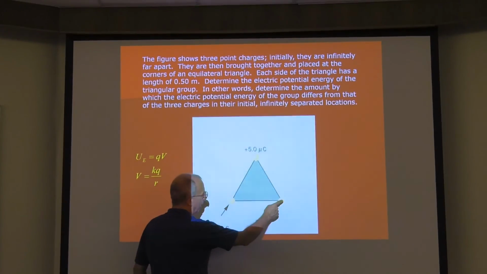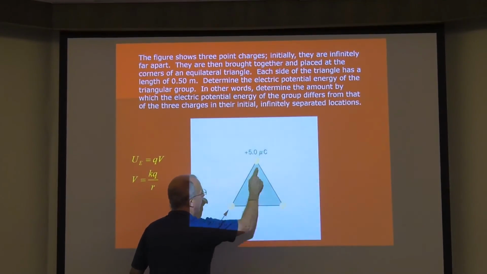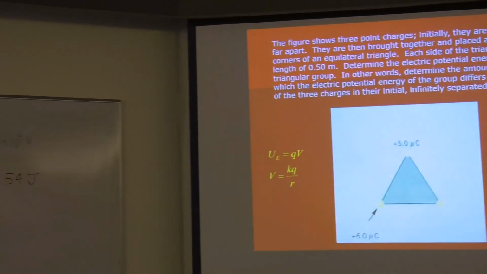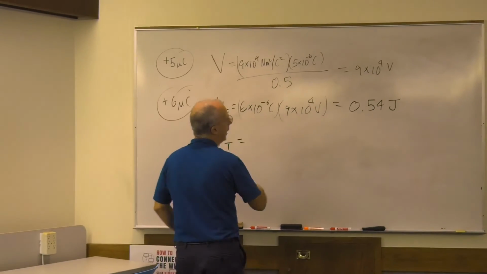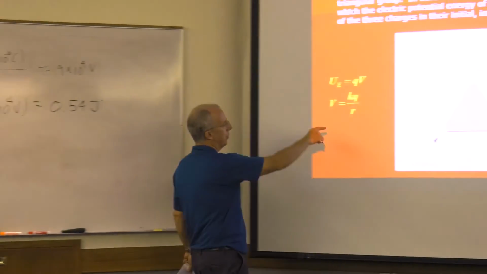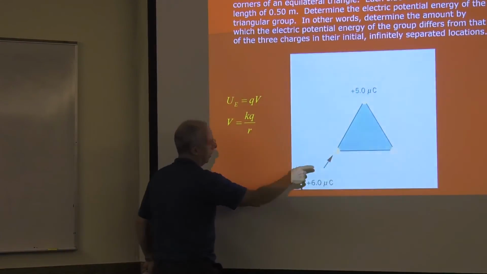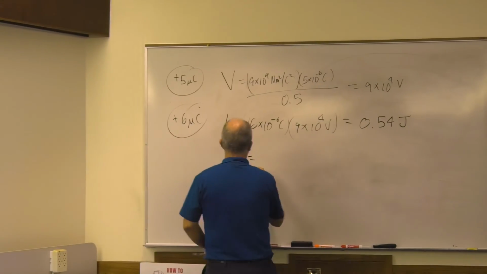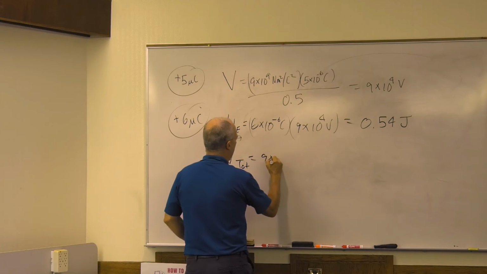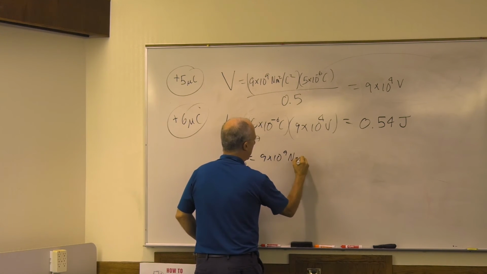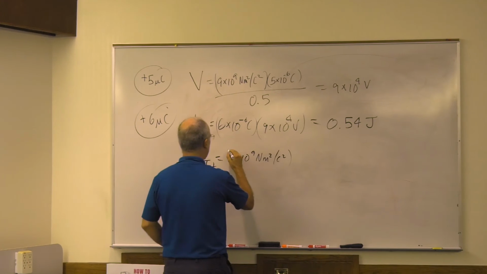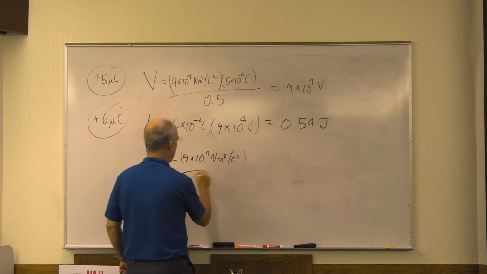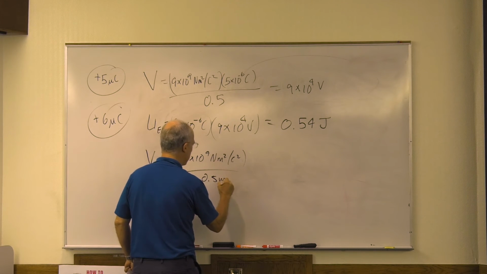So the V field from here is going to be this guy plus that guy. Let's figure it out. So the V total is going to be just this, from here and from here. So 9 times 10 to the 9th newton meter squared per coulomb squared. The R is the same, half a meter, 0.5 meters.